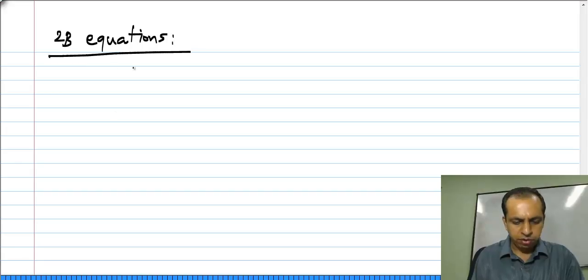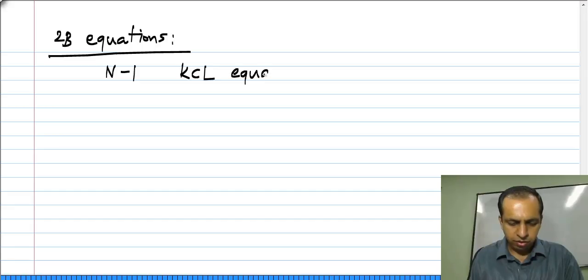So, earlier we said that we have to solve for 2B variables. Now, let us see how we get the 2B equations. Where do we get them from? First of all, we have n minus 1 KCL equations.